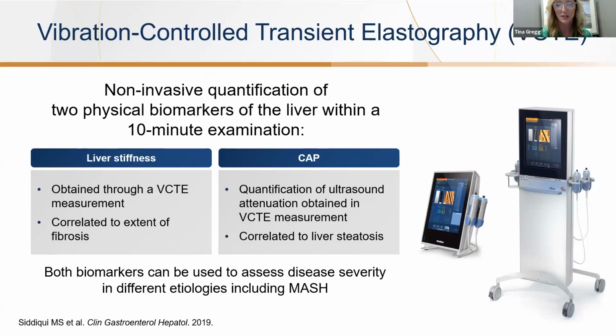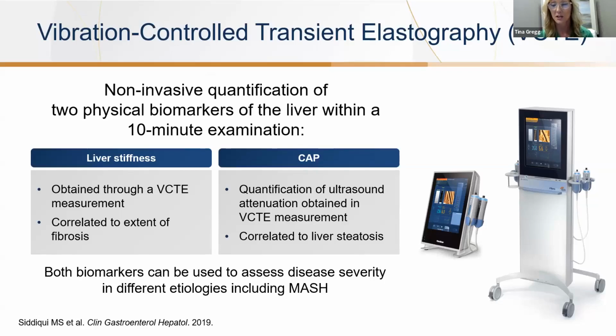So the speed of the wave is then converted into a liver stiffness measurement expressed in kPa, so kilopascals. Higher values suggest increasing degrees of fibrosis. And then similarly, FibroScan can use a feature called controlled attenuation parameter, so a CAP score.